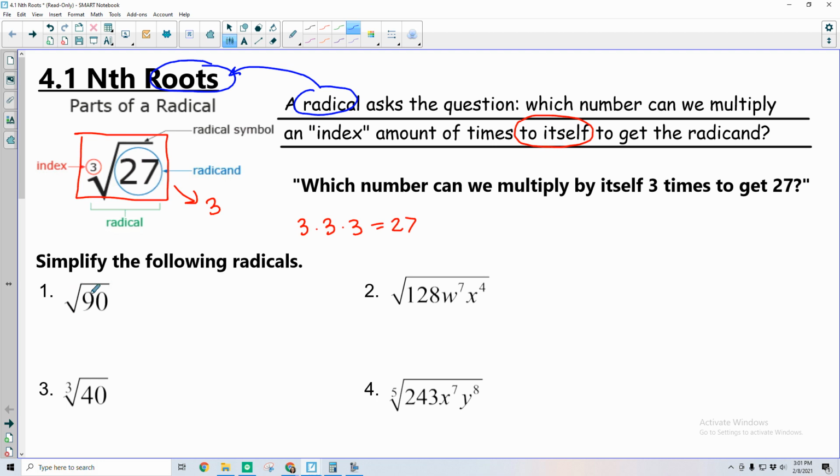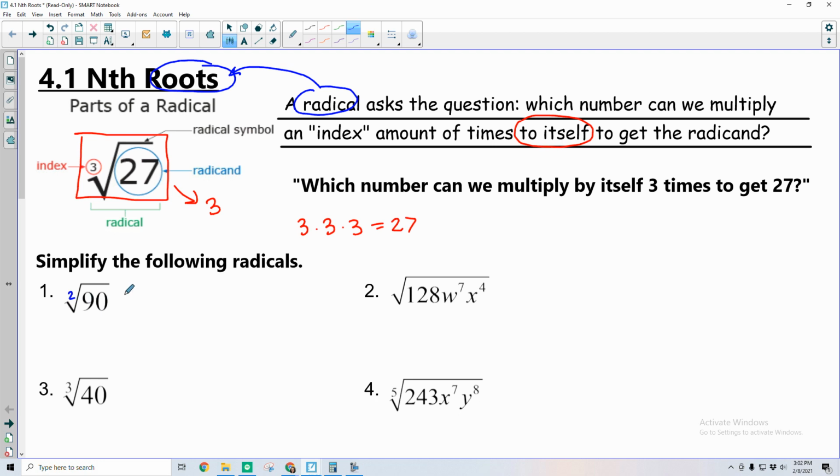I think it's just because we write square roots so much, it's easier to do less writing. But there actually is an invisible 2 right here as the index. So when I encounter this radical, the question it's asking me is, which number can I multiply by itself 2 times to get 90?